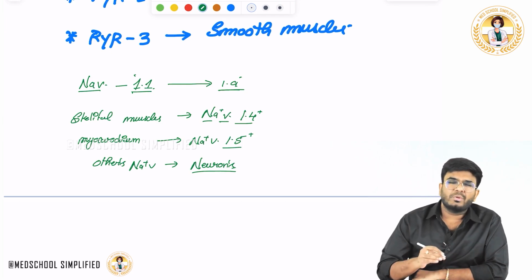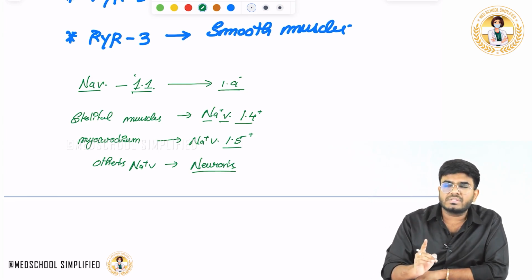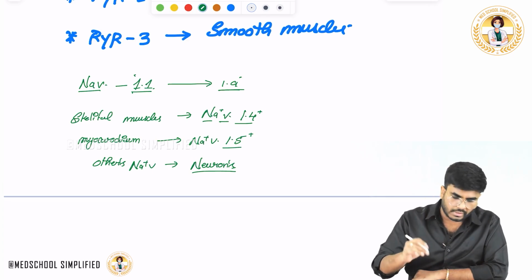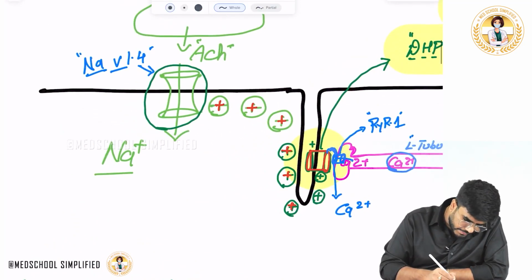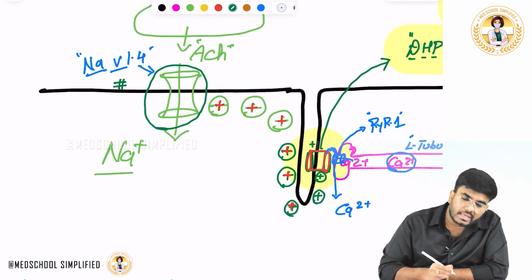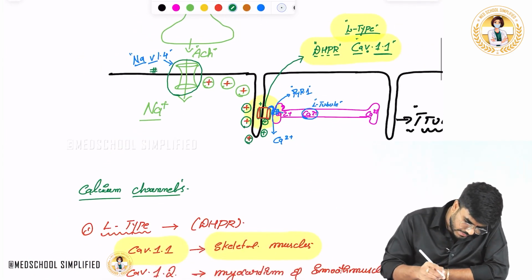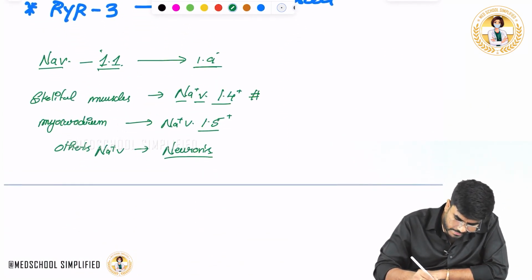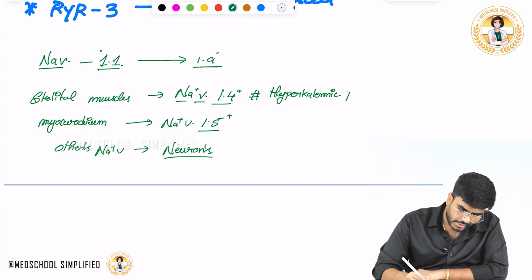Based on the subunits, they are classified into 1.1, 1.2, 1.3, 1.4, 1.5, something like this. So on the skeletal muscles, which type of voltage gated sodium channel is present? Voltage gated sodium channel 1.4. Now, if it is mutated, it's going to cause a condition called hyperkalemic periodic paralysis.